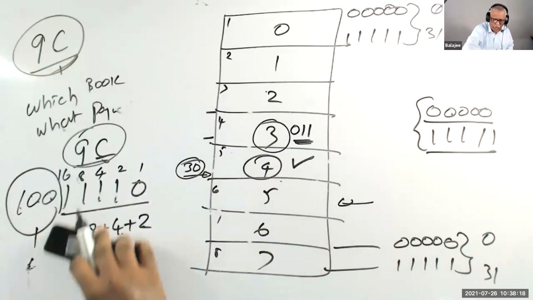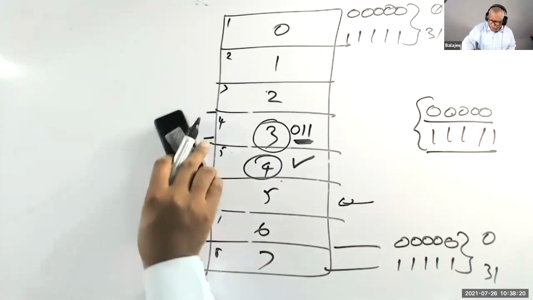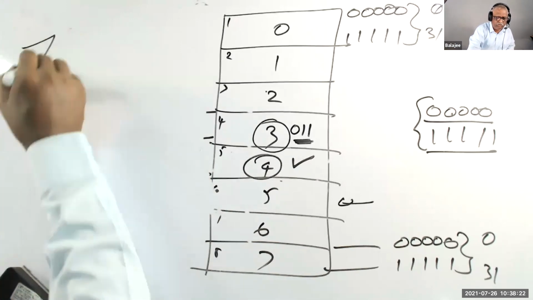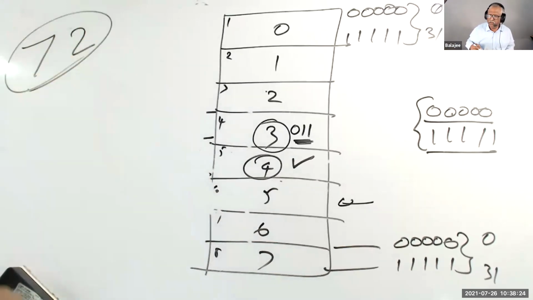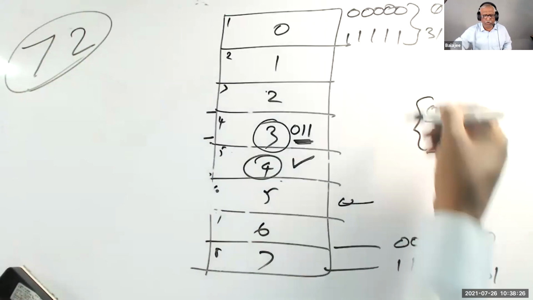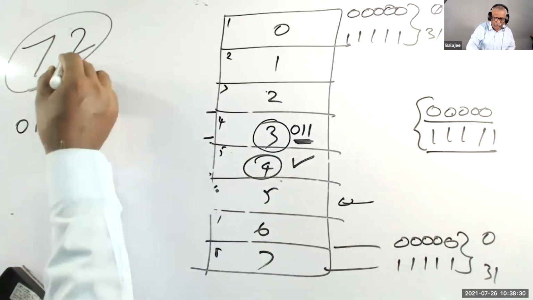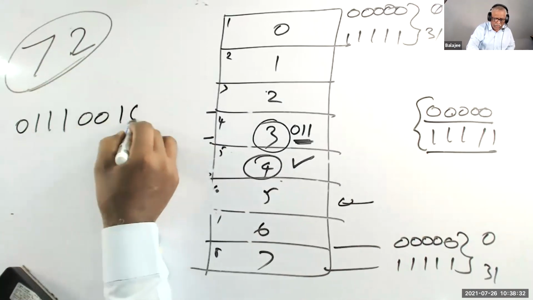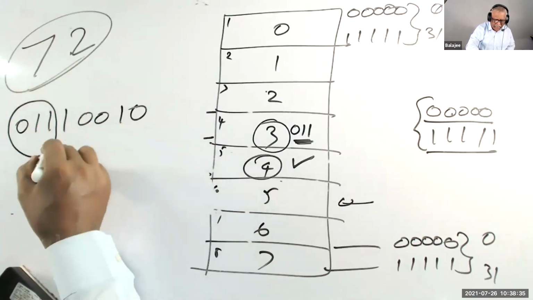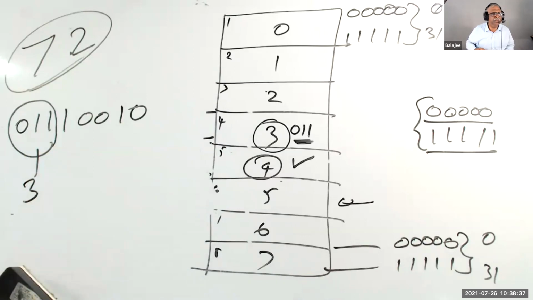Let us take another one. Let's take 72. Where is it? Because nothing is here, but you are asking about 72. 7 is 0111. 2 is 0010. You take this one, that is 3. Page number 3. Okay.